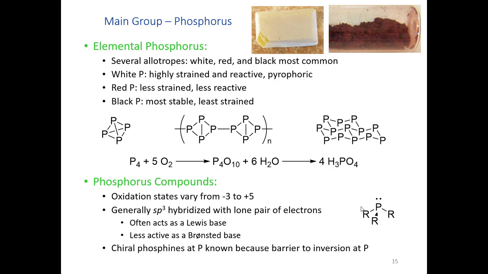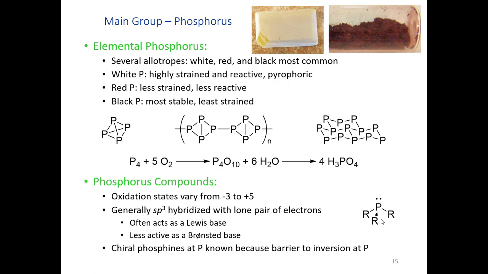Another big difference is that chiral phosphines are well known. So that means if you had 3 different R groups on this phosphorus center here, this species would have isolable enantiomers. The reason for this is that there is a significant barrier to inversion at phosphorus, whereas for nitrogen the barrier is quite small.